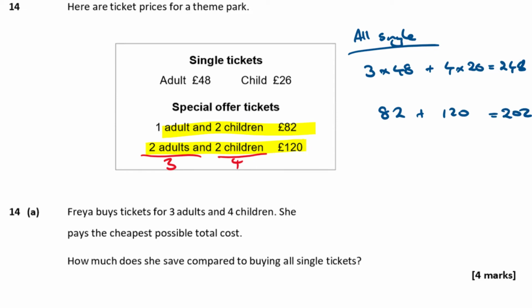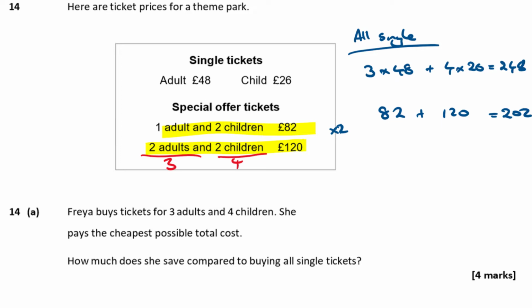I'm just wondering if there are any other ways of doing it. You could buy one of those and then, is it worth, well, I could buy 2 of those, I suppose, couldn't we? If I buy 2 of those, I'll get 2 adults and 4 children, and I could add on an extra adult ticket.